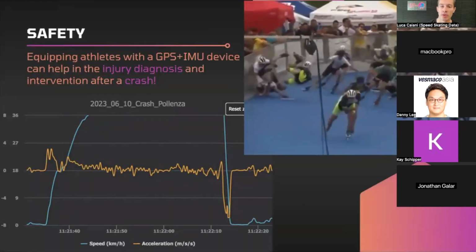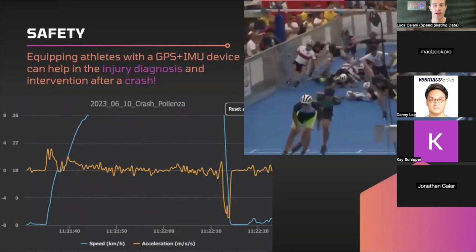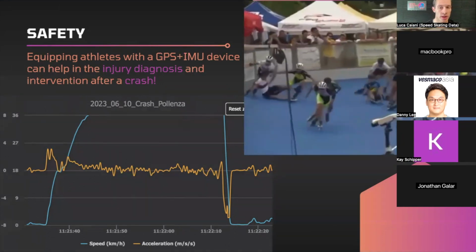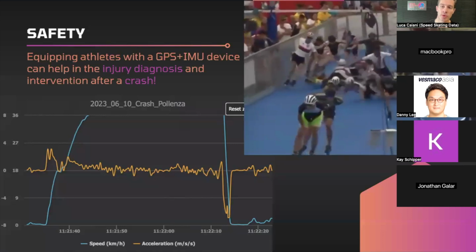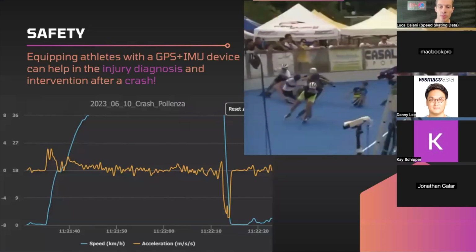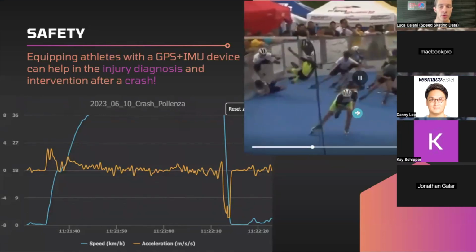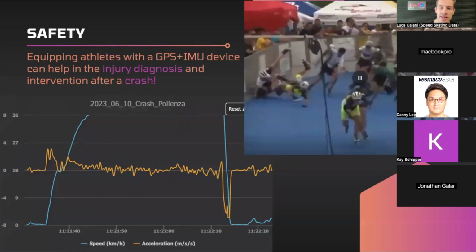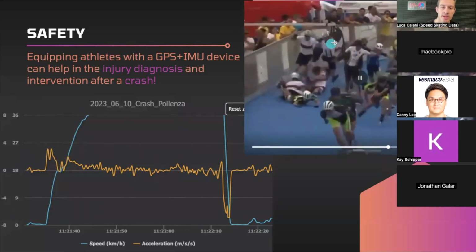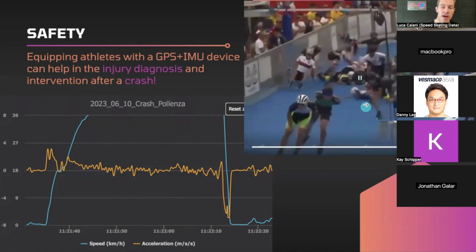This one was pretty unexpected. This was a race from 2023, okay, last year, junior category at the Italian Championship, and it was a big crash. You've probably seen it on the web. Unfortunately, one of my athletes was in this crash. You can see him here with a white helmet, and he hit the ground very hard.